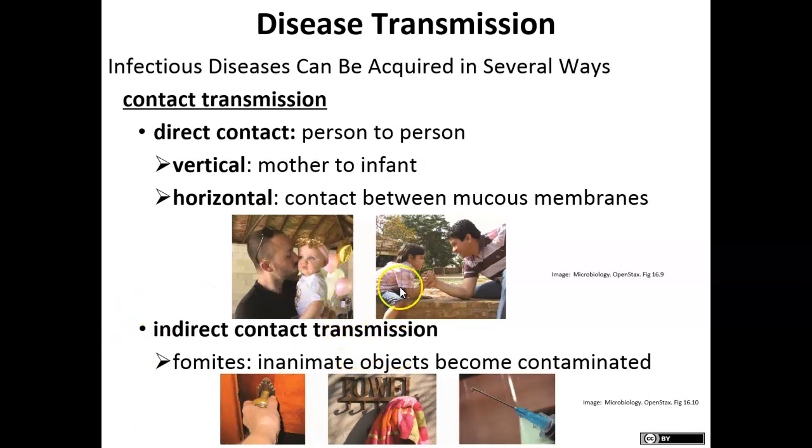Indirect contact can be through what we call fomites. This is where a pathogen moves from the infected to some item. This could be a Kleenex, a hand towel, or a doorknob. Any of those are called fomites because they're inanimate objects, but they can be contaminated.